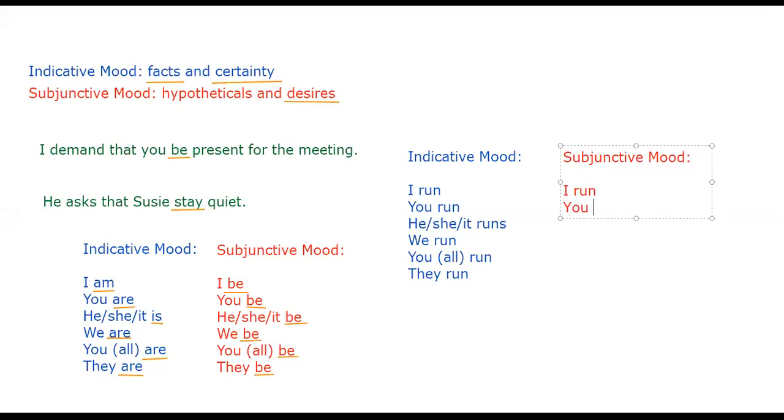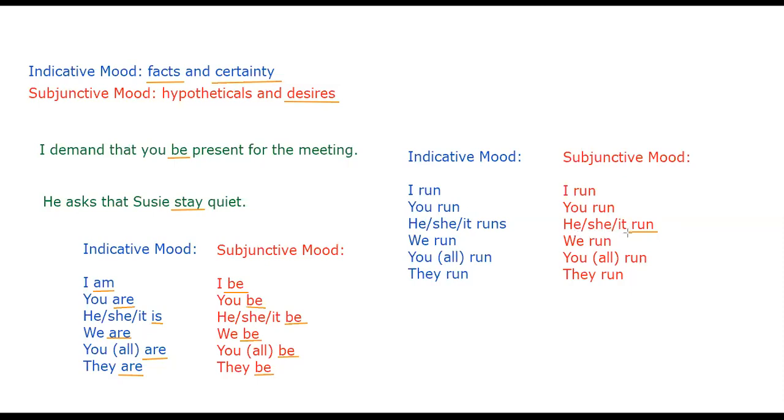I run, you run, he, she, it run, we run, you all run, and they run. Notice again how, for the subjunctive mood in English, a lot of the time it looks just like the indicative mood, except in one case here: he, she, it, run.